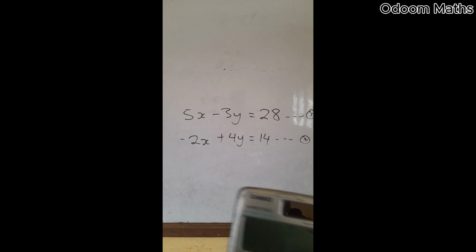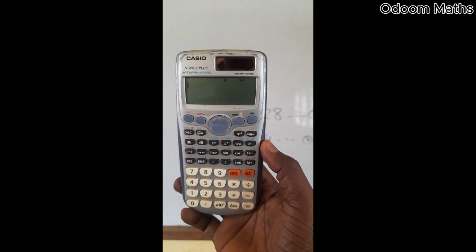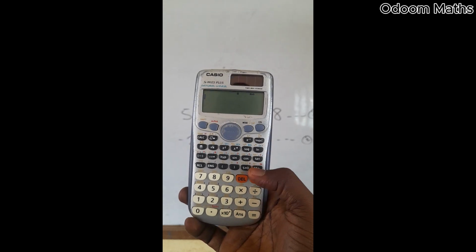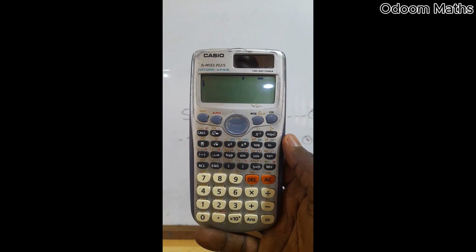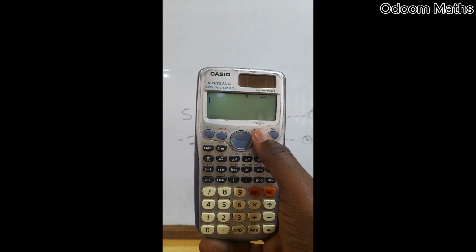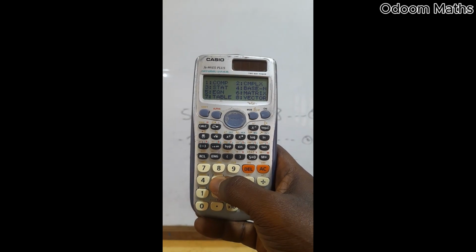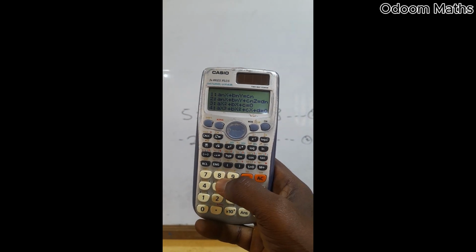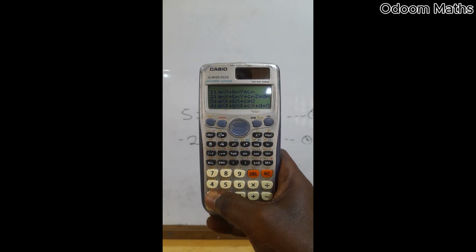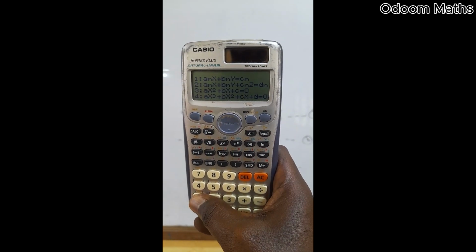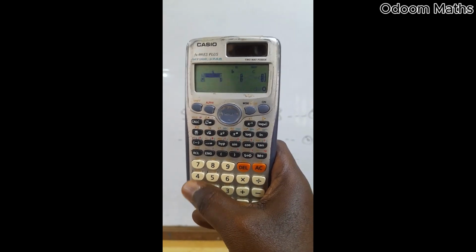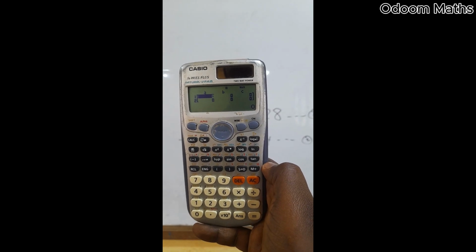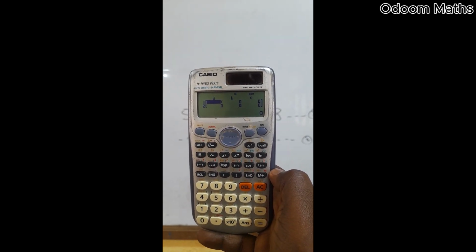Like we did earlier, we need to change the calculator's mode to equation. We press mode, then 5, then 1, because that is for simultaneous equations in 2 variables. From there, we enter the 2 equations.